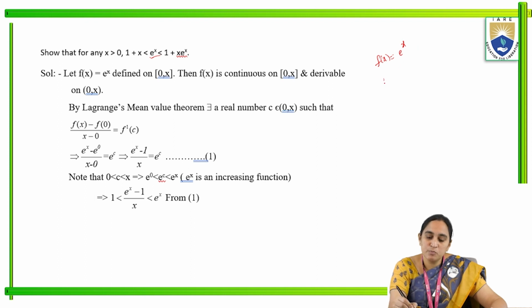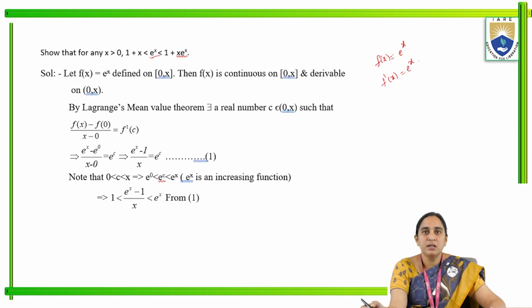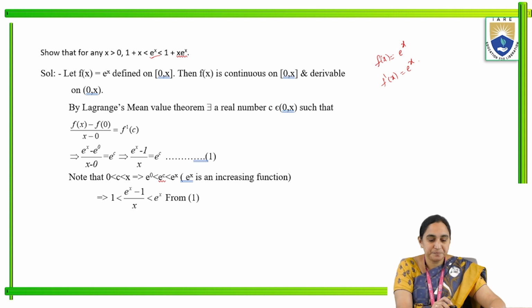What about the f dash of x? That is e power x. It is definitely differentiable in the open interval 0 comma x. If it is differentiable, it is definitely continuous in the closed interval 0 comma x.